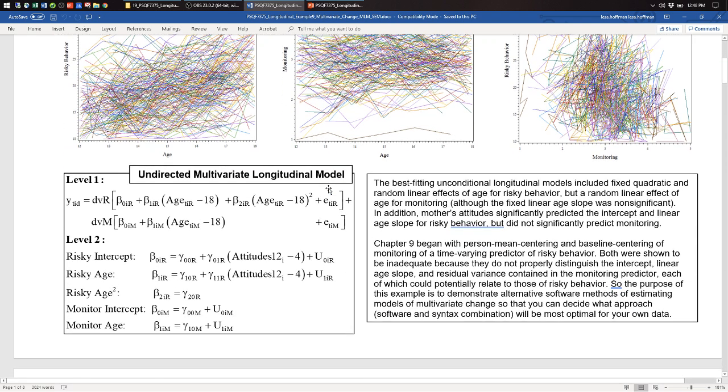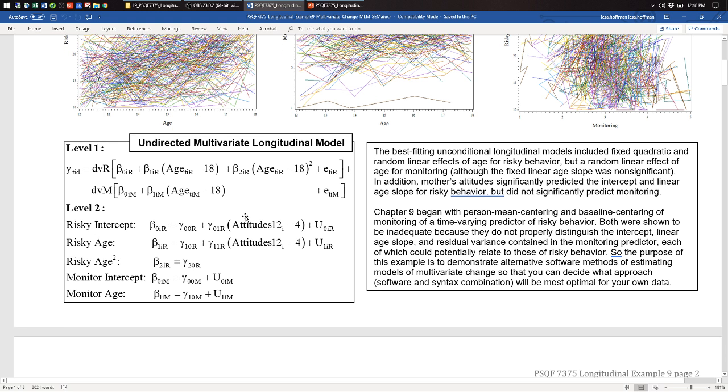Here's the model for my multivariate model. Look, I've got a plus sign. I remembered it this time. So this model has those 2 variables. I had painstakingly built up the best growth model for each outcome in chapter 7 or chapter 9, and then we added some stuff to it in chapter 7.